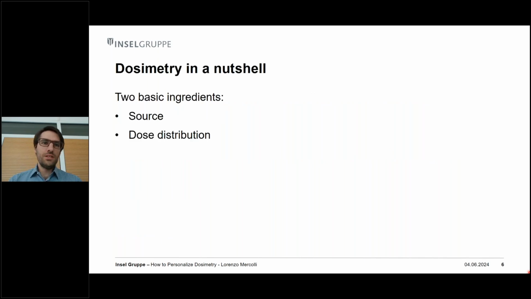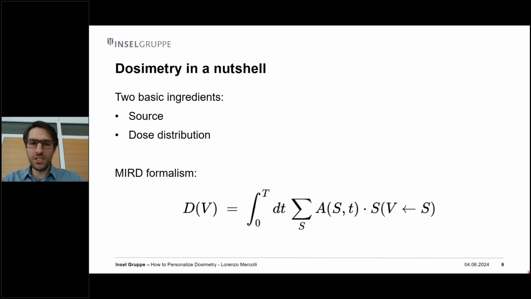Now, when we do dosimetry, we need essentially two basic ingredients: the source and, for lack of a better word, the dose distribution. And then we usually go to what's called the MIRD formalism, which can be summarized in this formula here. So what does this mean? We have a dose inside a certain volume that we are interested in, and we compute this by integrating over time. This capital T often is taken to infinity.